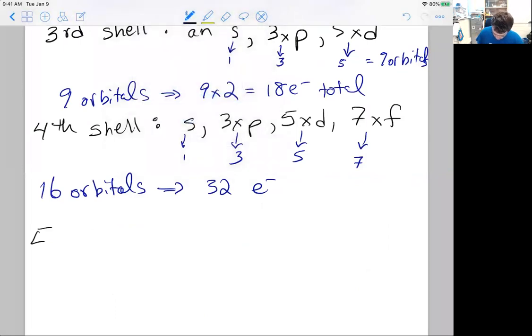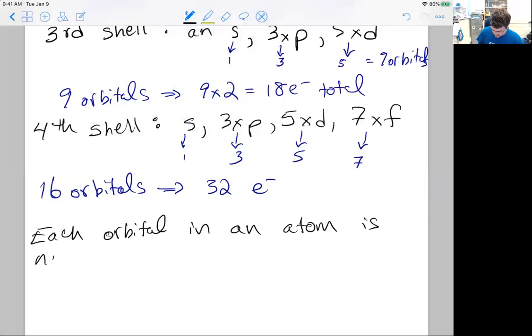Okay, so what we can do is we can actually name these orbitals. Each orbital in an atom is named based on its shell and orbital type.